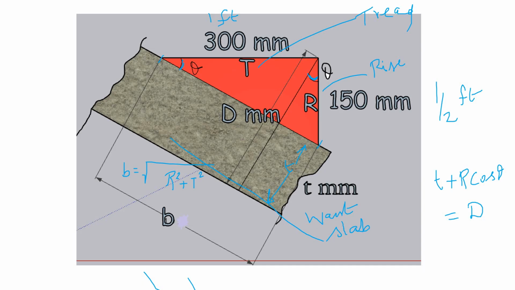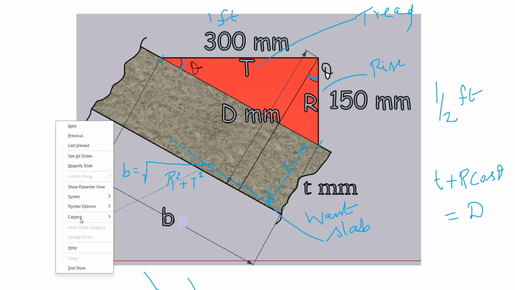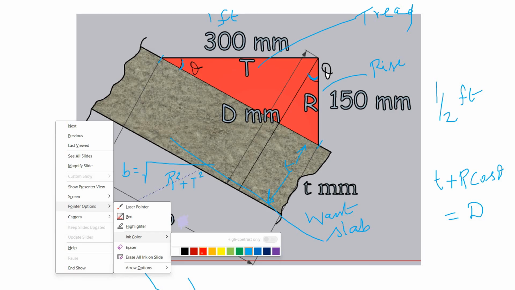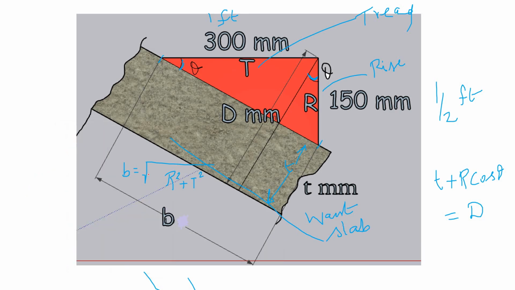These are the basic things that have to be understood while designing the staircase. If you have any doubts, you can mention them in the comment section. So you can see that b is r square plus t square to the power 1 by 2. From this point to this point is the width of the staircase which is supported by the waste slab.